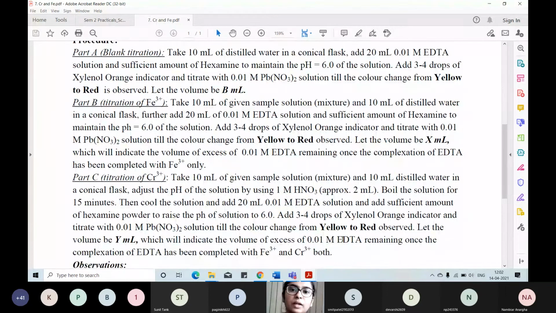Now in blank, you take all the ingredients that I mentioned. EDTA you have to take, your indicator, just the same. Everything except the.